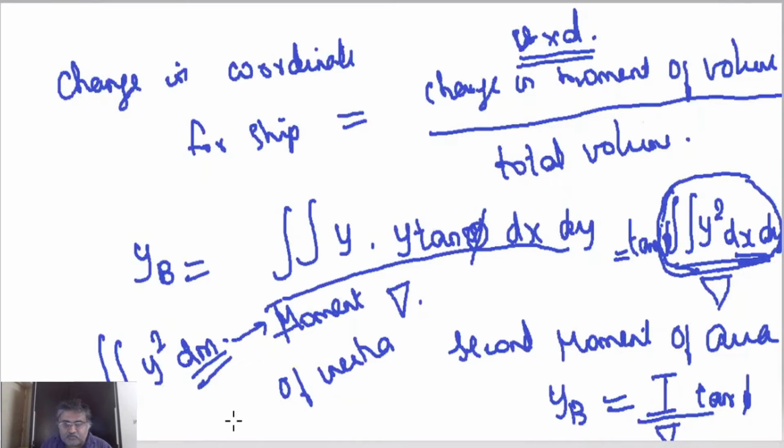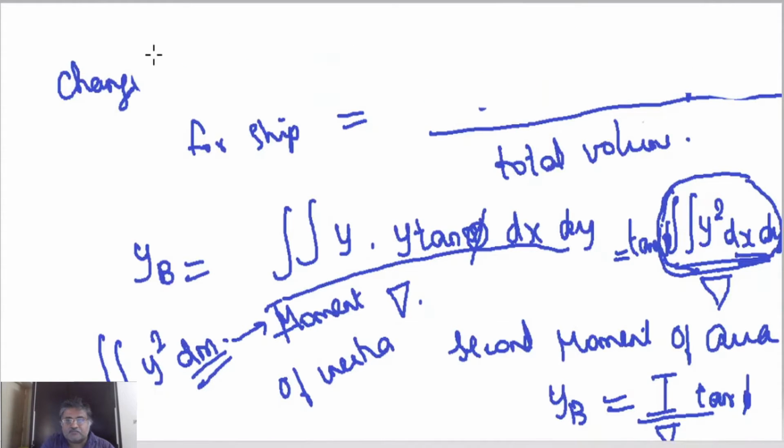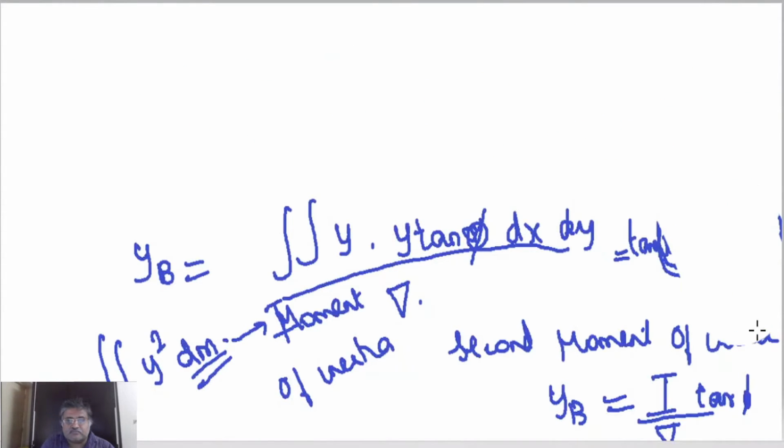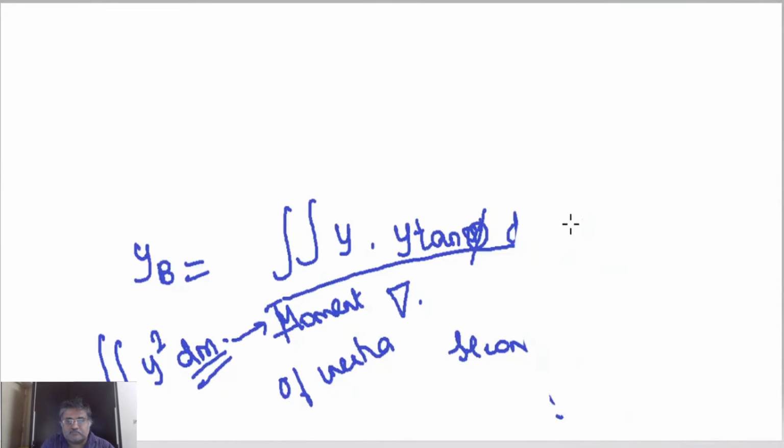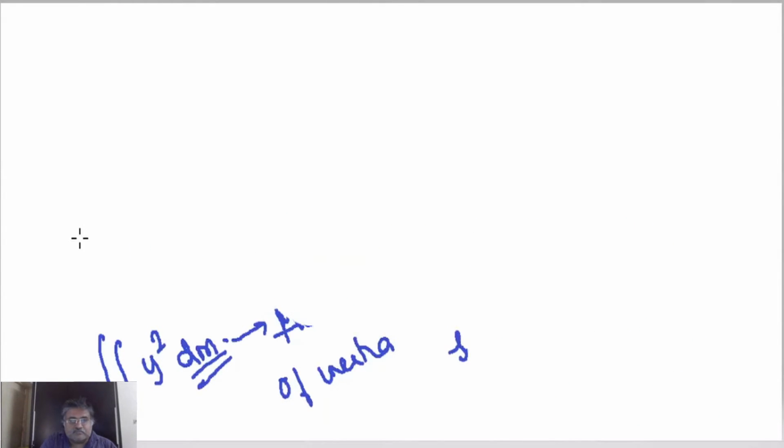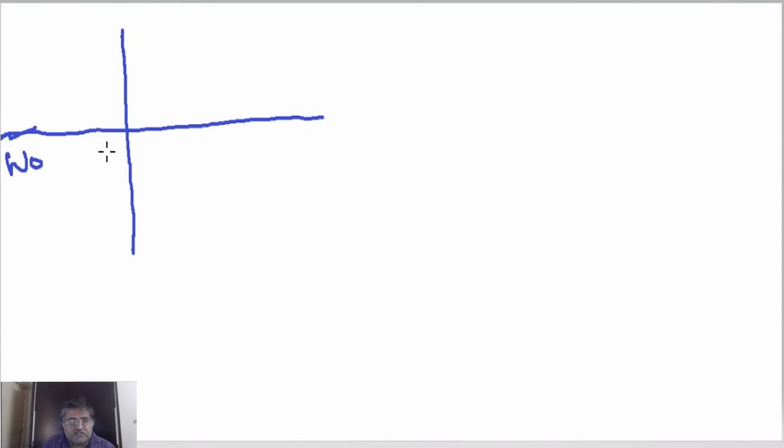Now you probably haven't understood what YB is, most likely. So let us see what YB is. This is the same cross-sectional figure. So you have W0 L0, and you have the vertical here.